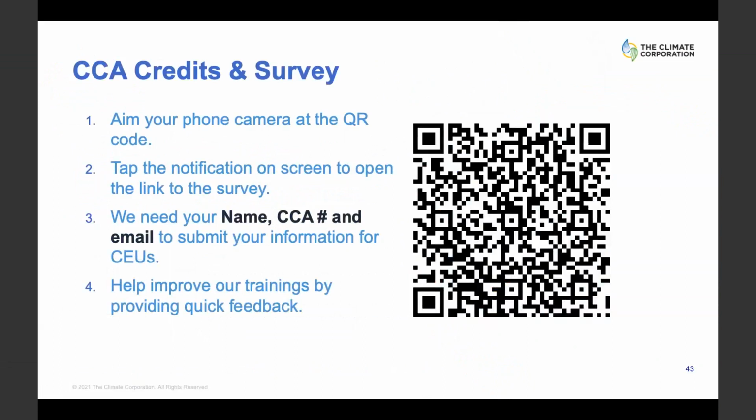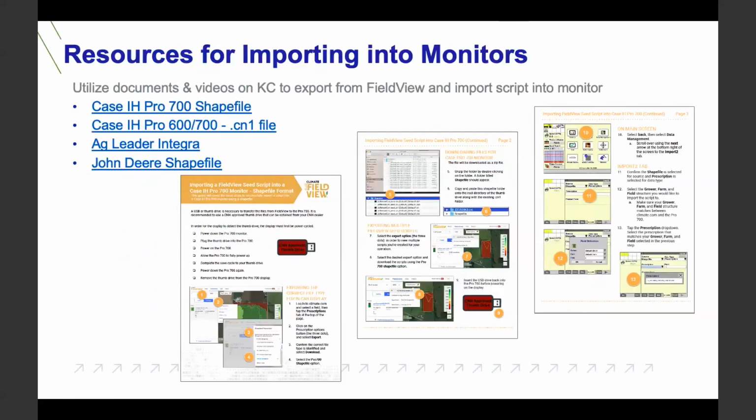I know this has been a long-awaited compatibility, and we are offering this as a public beta. So we're still working out a few bugs, but we have seen really good results. There is an adapter cable that is necessary, so make sure that you get in touch with folks prior to planting so that you have your adapter cable ready to go and that you can collect that data with your Ag Leader display and monitor.